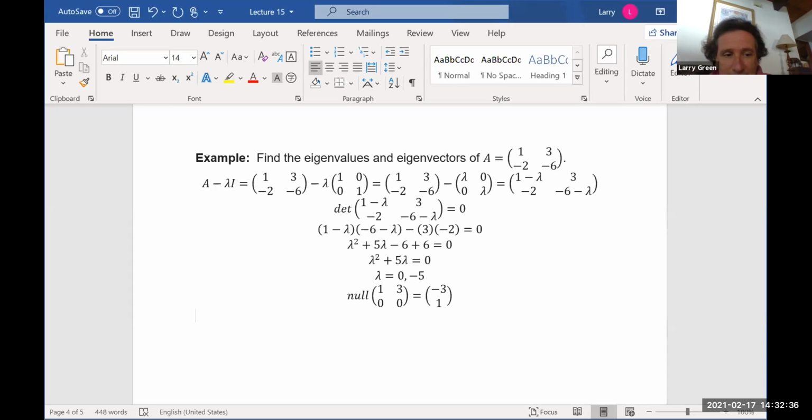So that means the vector -3, 1 is an eigenvector corresponding to the eigenvalue lambda equals 0. Anyone lost on this arithmetic, on this algebra that I've done?